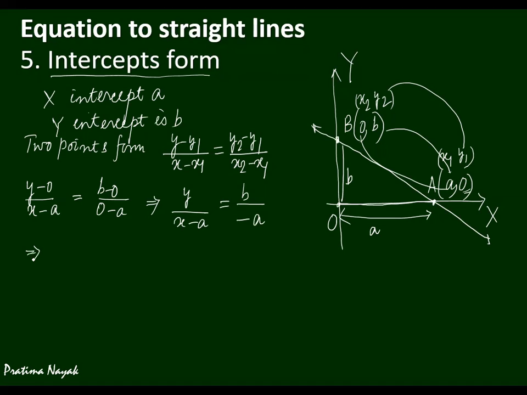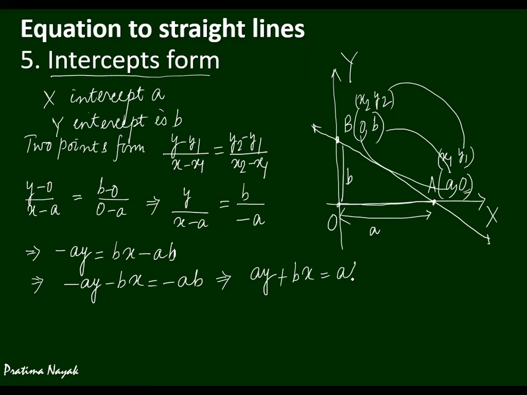Next I'll cross multiply. It will be minus ay is equal to bx minus ab, or minus ay minus bx is equal to minus ab, or removing all negative signs I'll get ay plus bx is equal to ab. To make it into a convenient form, I will divide by ab throughout.